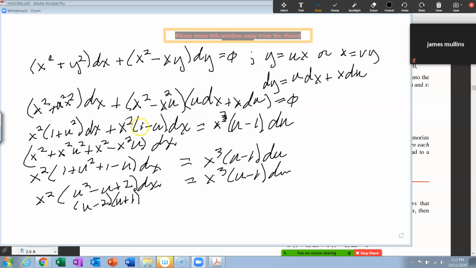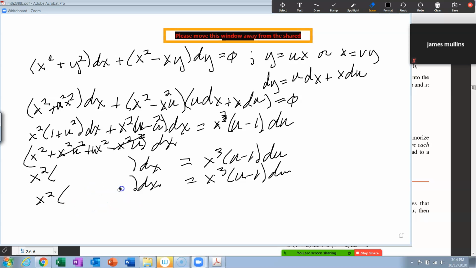So this will be a u here and a u squared there. So this does have a u in it here, and this has a u squared in it here. Now the x squared u squared minus x squared u squared, they go away. So that leaves us with, let me erase most of this and start back over again. What I did was correct, but I was using the wrong information.